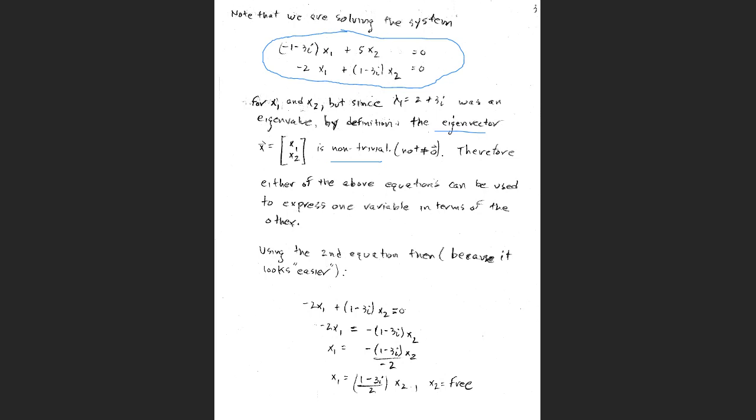Hence, you can choose which equation you want to use to solve for your eigenvector. You don't have to do any row operations. You just choose one of the two equations and solve for your eigenvector. That's what I'm trying to say.